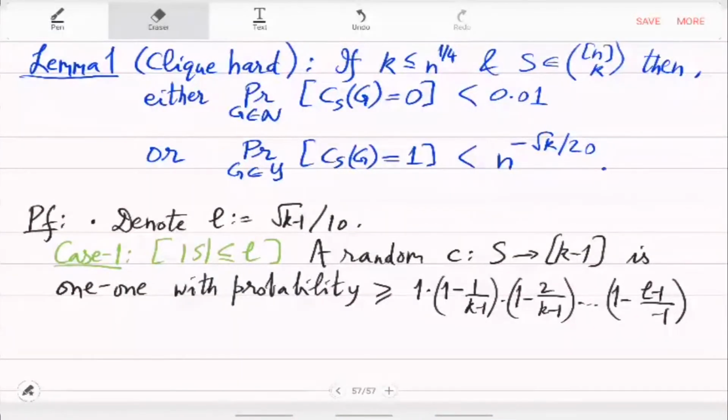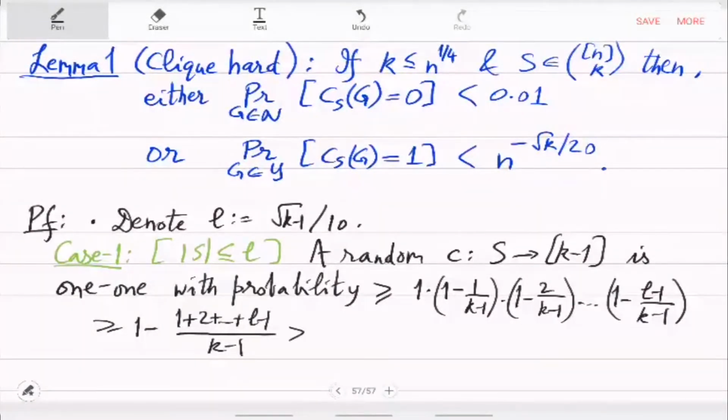Okay, so how big is this? This is at least 1 minus the sum, which is at least 1 minus L square over k minus 1. L square over k minus 1, by definition we have picked it to be 1 over 100. So you get 0.99.